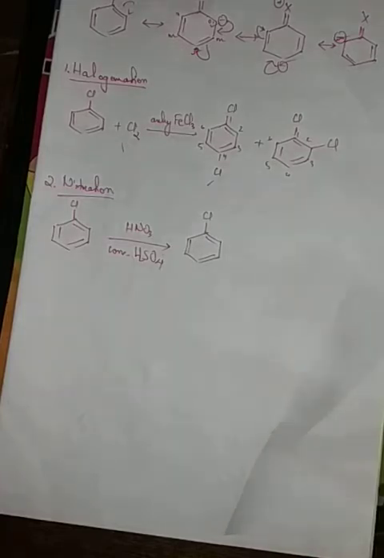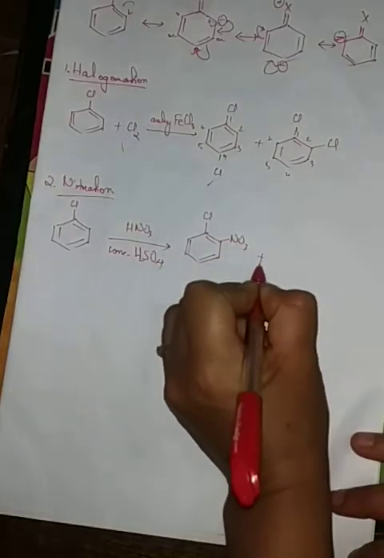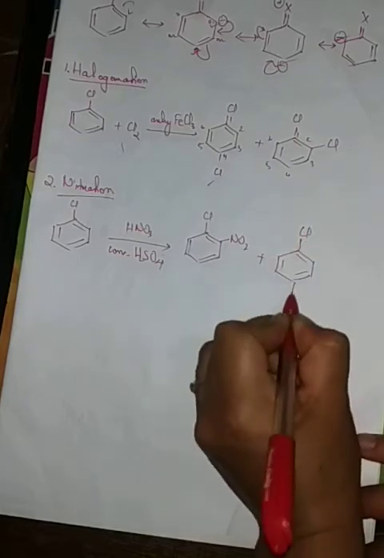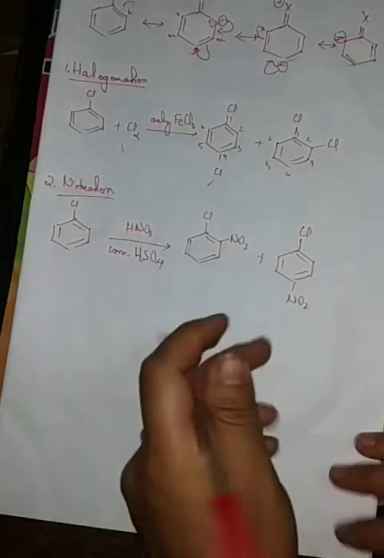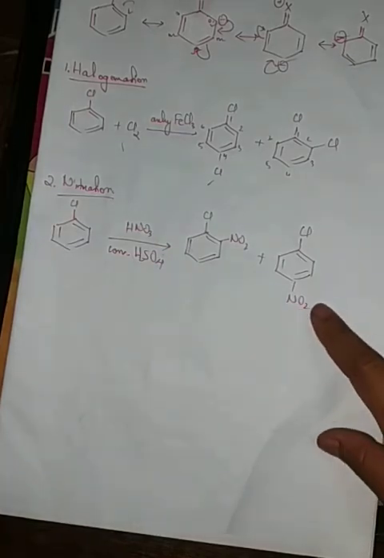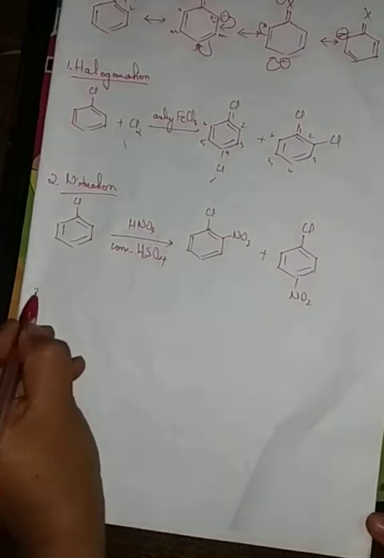It is the same mechanism here, giving the nitro group at the ortho and para positions. But remember, the para product will always be the major product because of its symmetry. Now, the third one is our sulfonation.